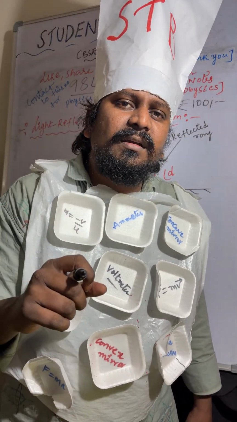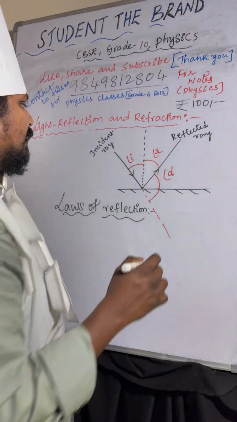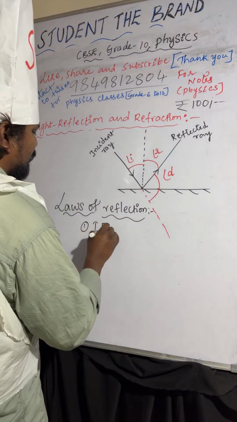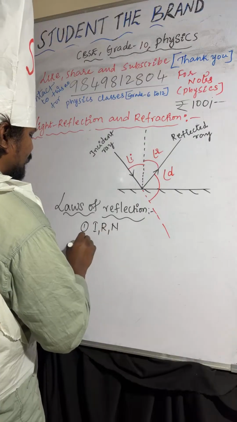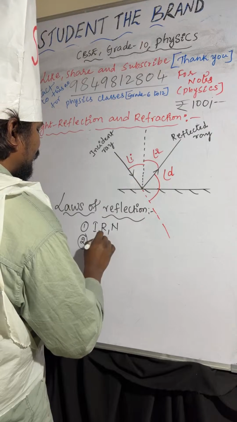Point number 2, the angle of incidence is equal to the angle of reflection.